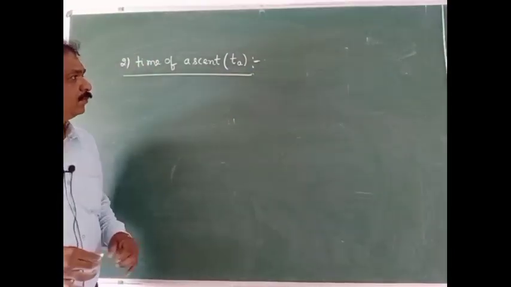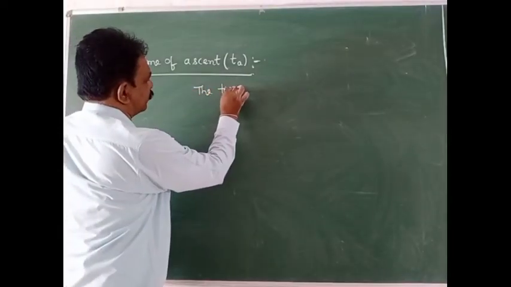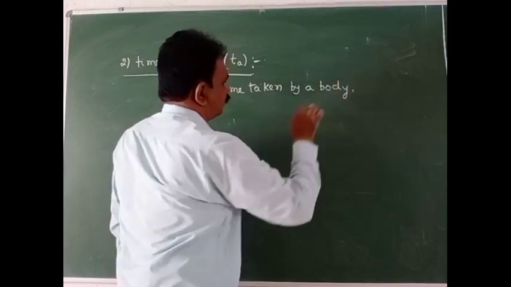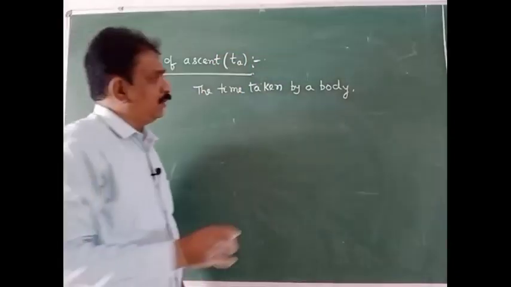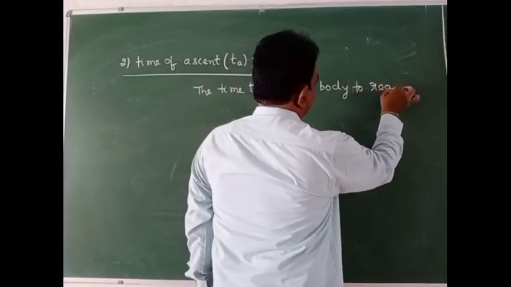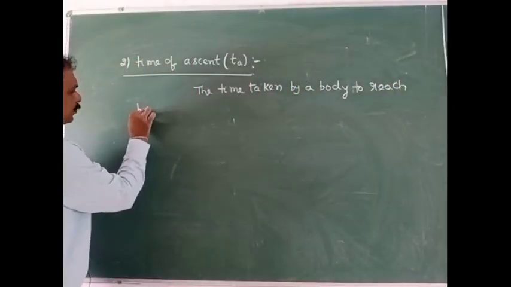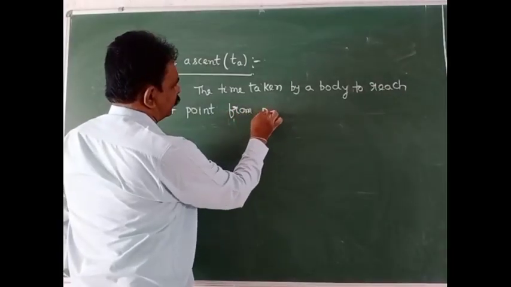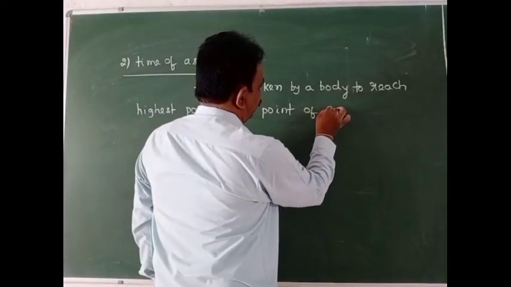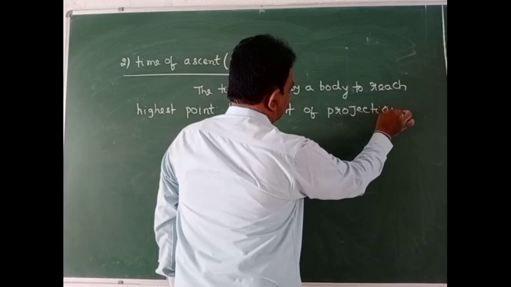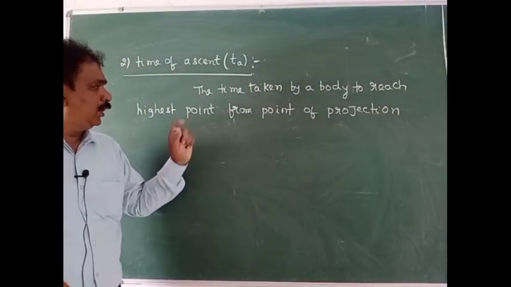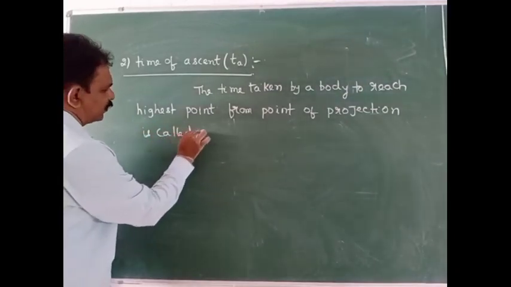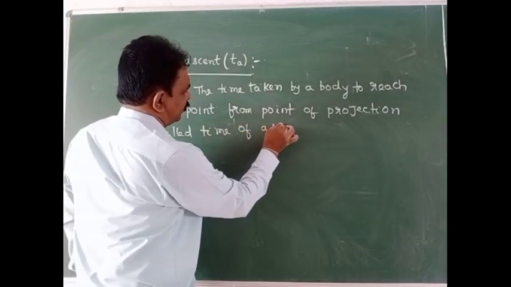How is it defined? The time taken by a body to reach the highest point from the point of projection is called time of ascent.